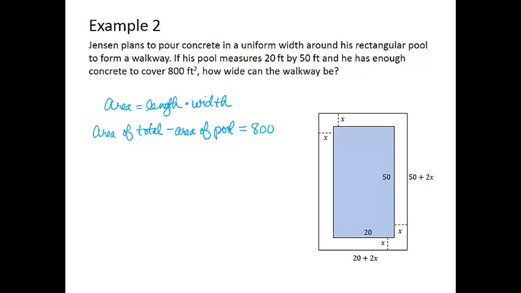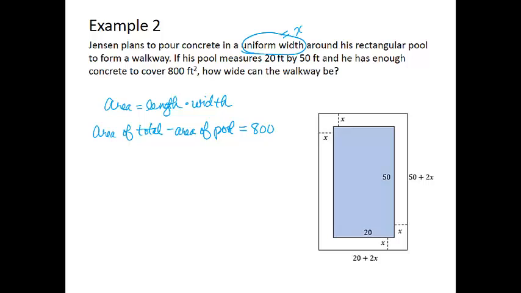Notice that if we are extending it by a uniform width, that means that the width of the walkway is going to be x. And if we're extending it on every side by that value, then we are increasing the width of the pool by 2x, and we're also increasing the length of the pool by 2x, because it's x on each side.